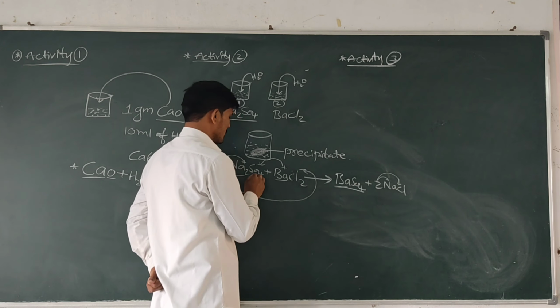Add a few grams of zinc granules into the conical flask, and add a few ml of concentrated HCl, hydrochloric acid. These are the zinc granules.